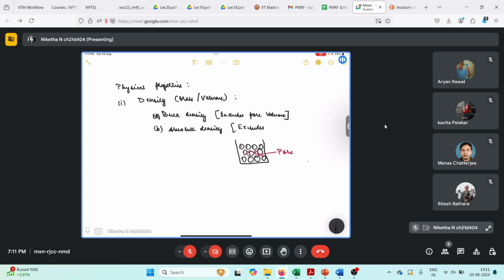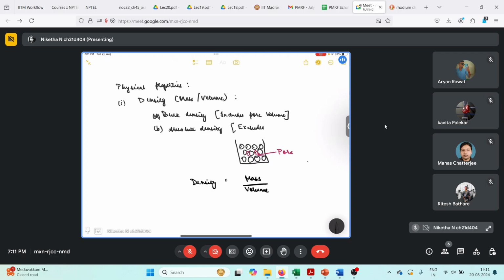So when we calculate bulk density, we'll also consider the pore volume. So when we say density is mass by volume, if you consider the pore volume in your density formula, so in the denominator, if your volume includes the pore volume, your density will be higher or lower.